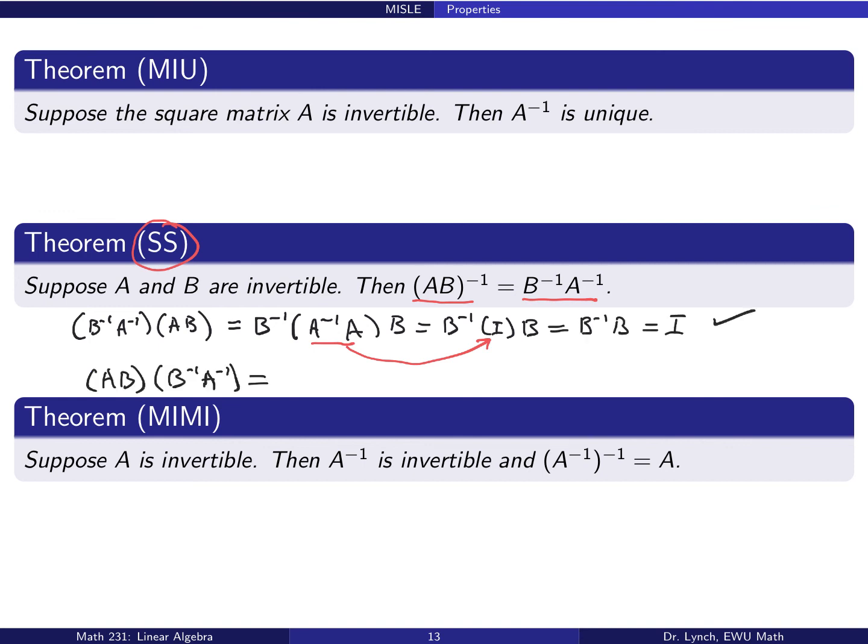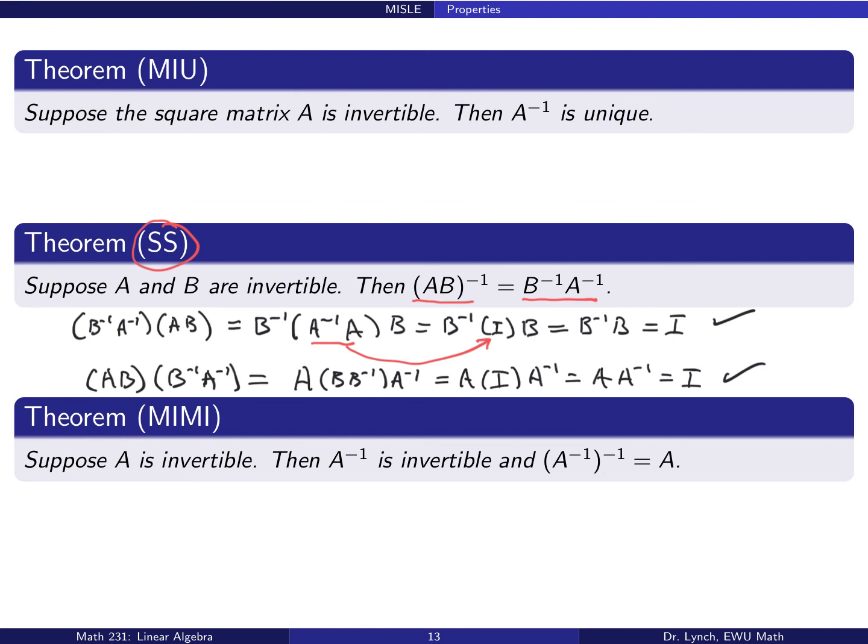Now, technically speaking, we haven't shown that one-sided inverse is enough, so we'll go ahead and go through a similar argument multiplying AB on the right by B inverse A inverse. Hopefully you'll agree that the process is similar here, and we end up getting the identity once again. So again here, matrix multiplication is associative.